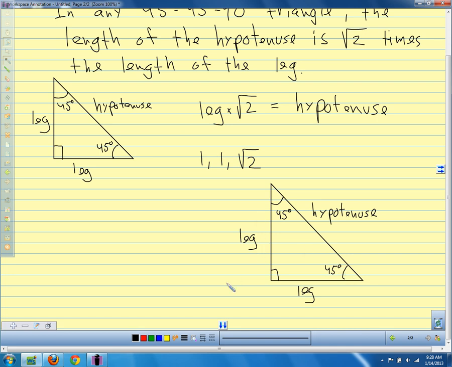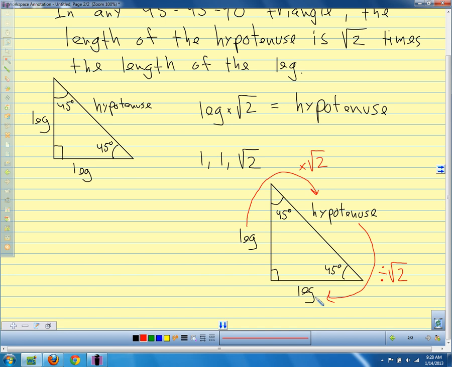To get from the length of the leg to the length of the hypotenuse, I multiply by the square root of 2. So whatever the leg is, I multiply it by the square root of 2, and I get the hypotenuse. If I'm multiplying to go this direction, what am I going to have to do to go the opposite direction? I'm going to have to divide. So if I have the hypotenuse and I want the length of the leg, I divide by the square root of 2.